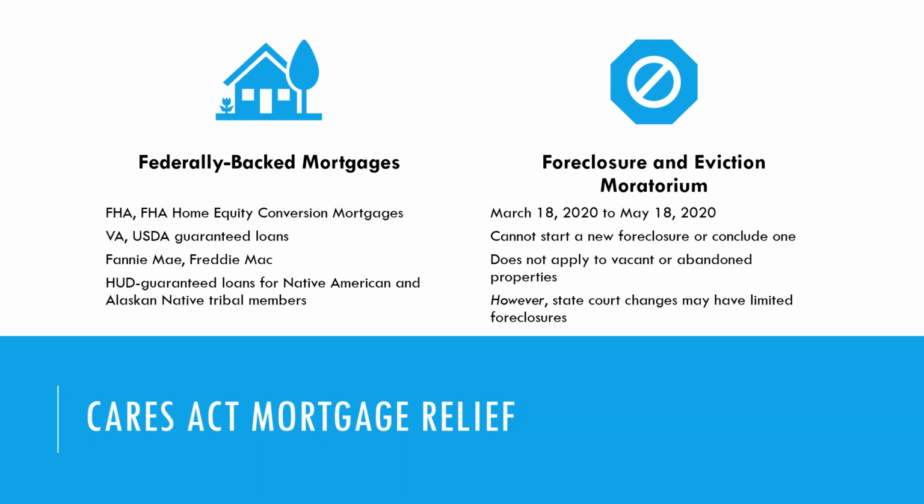That means they're probably going to seek relief too, and the law takes care of this and makes the foreclosure moratorium and the forbearance options available to multifamily housing, including multifamily that's 5 or more units, which is not really typical of these type of programs.